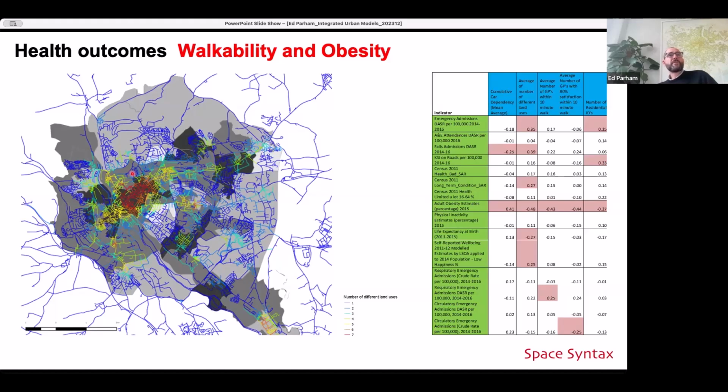We gave it to the public health department, and they did this piece of analysis on the right, where they started to correlate obesity against walkability. What they found was a correlation between the higher the level of walkability, the lower the level of obesity. And linking back to the question about things being complex, they knew that they had a relationship between obesity and deprivation.